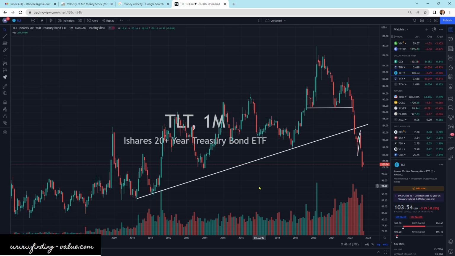We've seen a huge loss of purchasing power against bonds, and commodities have definitely preserved the purchasing power against bonds, stocks, and currencies. So I wanted to bring that up as well, to show you guys that this is all interconnected: the inflation, the velocity of money, bond prices getting hit, and an energy crisis.